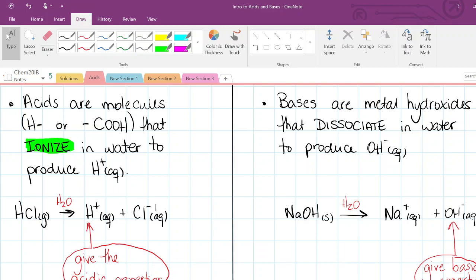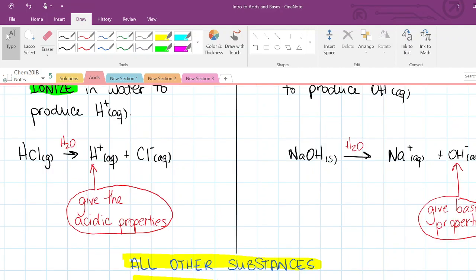Bases we said were metal hydroxides that dissociate, okay, because they're ionic. So bases dissociated to produce OH negative. And so if we took something like sodium hydroxide, we placed it in our water, this would dissociate into sodium ion and hydroxide ion. And again, according to Arrhenius, it was the hydroxide ion that was the definition of our Arrhenius base.